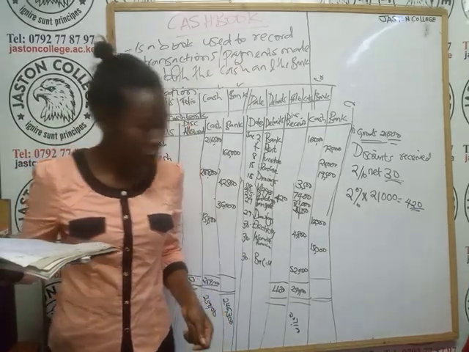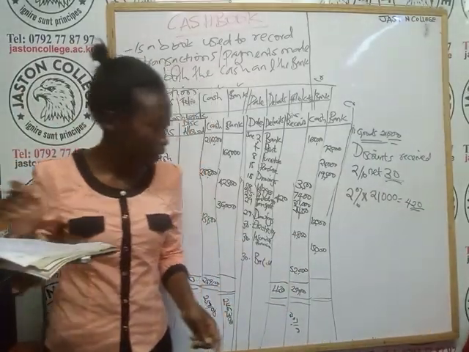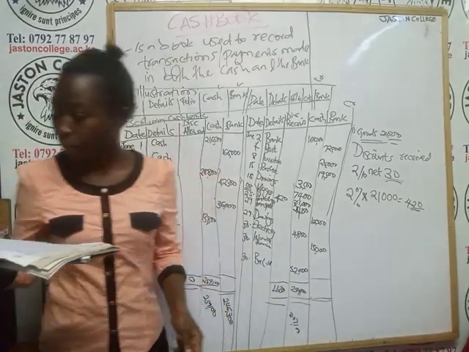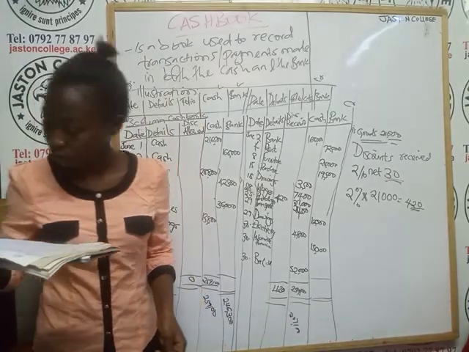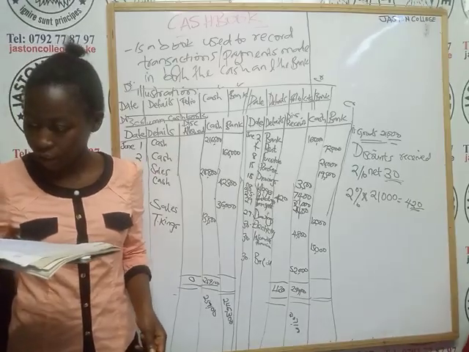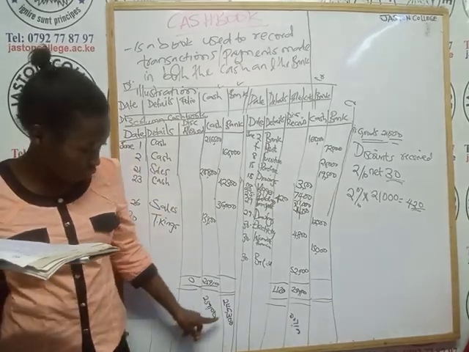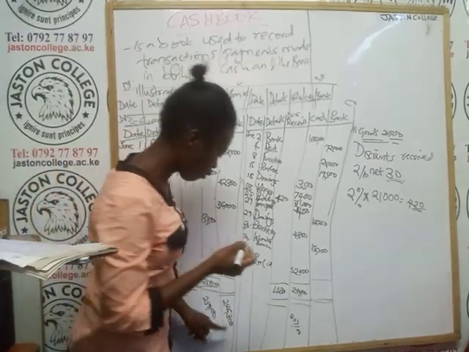We add 24,000. We also add 19,500. We add 12,000 plus 15,000. Our answer is 142,500. Let's find the balancing figure.